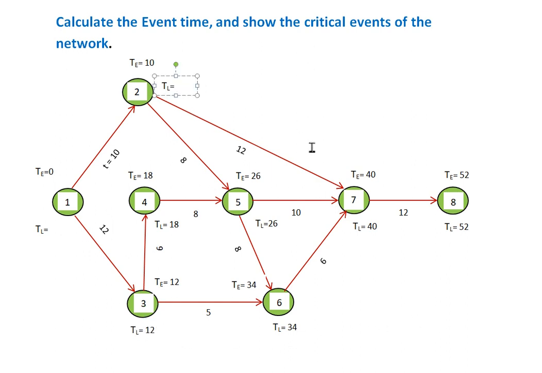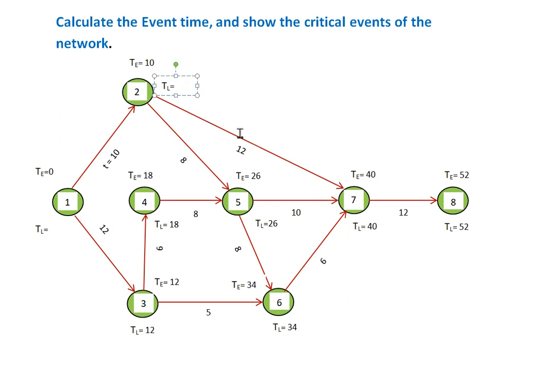What will be the TL of 2? One path will be this one, 40 minus 12, that is 28. Another one, if we follow the 5 to 2 path, is 26 minus 8, that is 18.